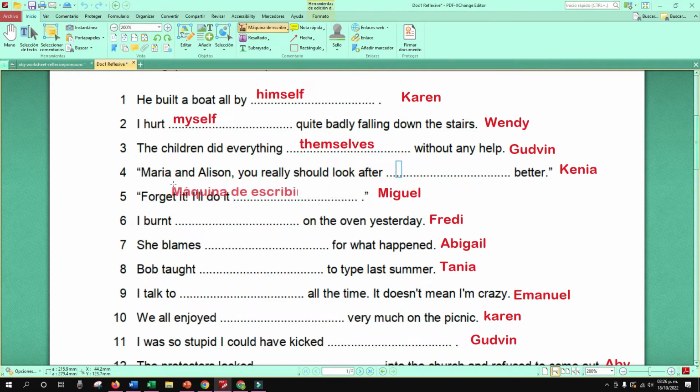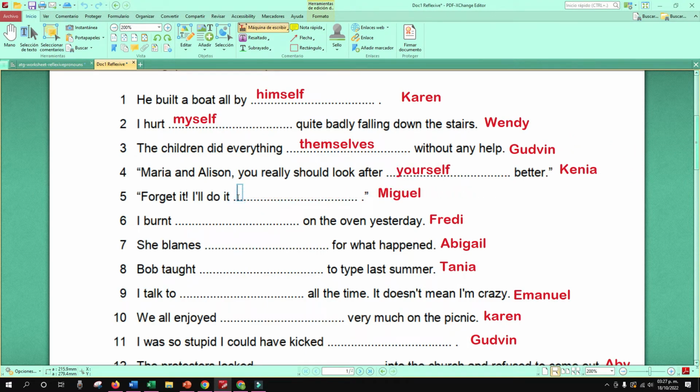There's like the other example, right? There you have a comma, right? So you really should look after yourself in that case. En este caso, Kenia, sería yourself, porque acá tenemos una coma separando los dos nombres, ¿verdad? Y luego comenzamos la oración con you. Entonces, yourself. Okay? Thank you.